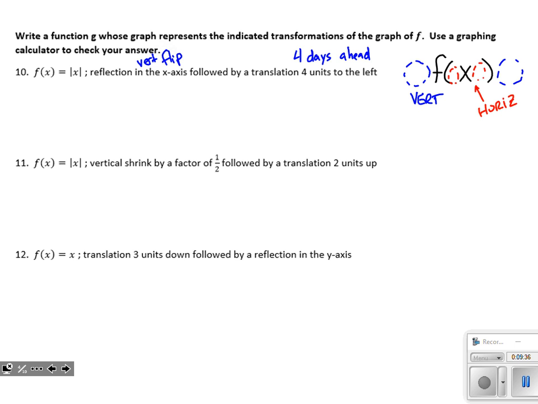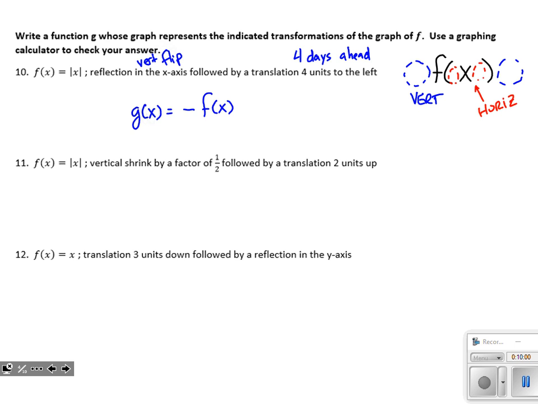All right, so for our adjustments, we're going to write our function g of x. And it's going to have, first of all, a reflection in the x-axis. Well, that means a vertical flip, so I'm taking the negative version of f of x, and that negative is going outside because it was vertical.